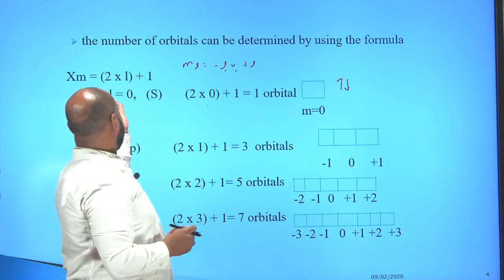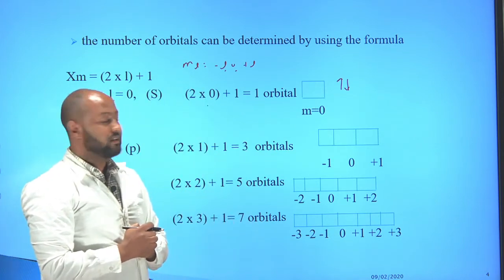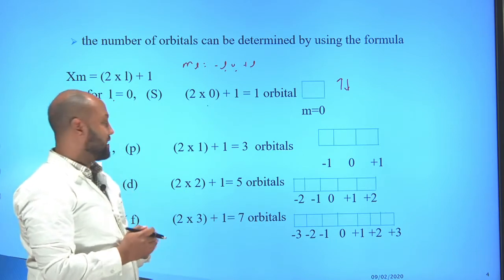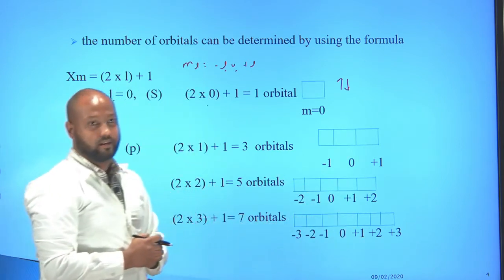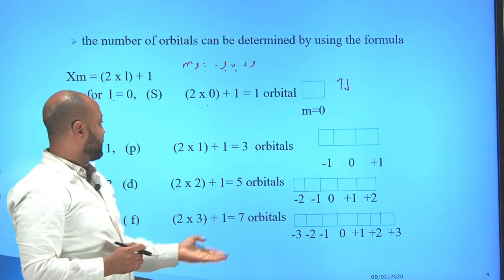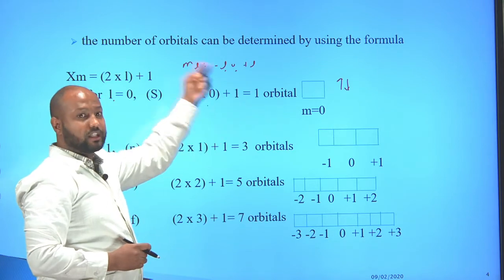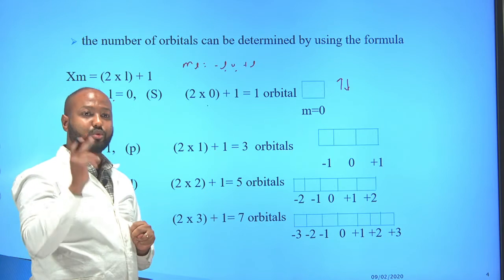For L equals 0, S has 1 orientation; P has 3 orientations; D has 1, 2, 3, 4, 5; and F has 7. As I told you before, L value 0 has 1 orbital, a maximum of 2 electrons. The S subshell can have 2 electrons.